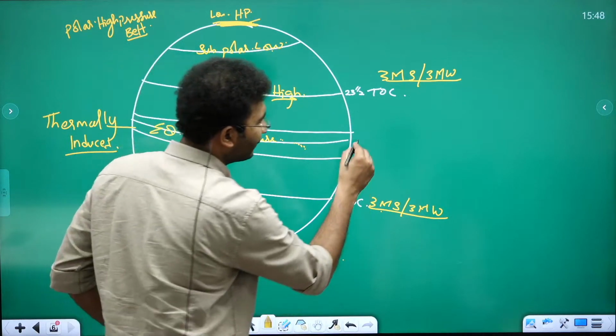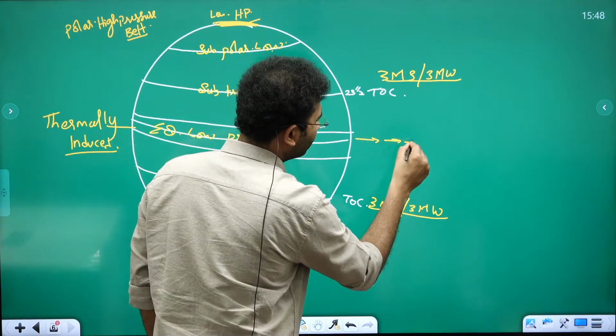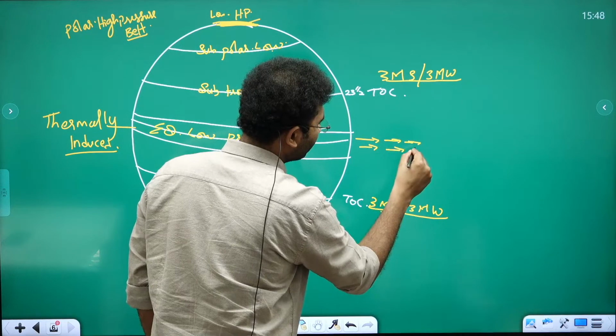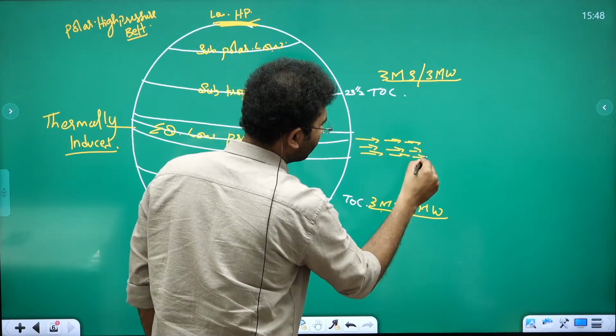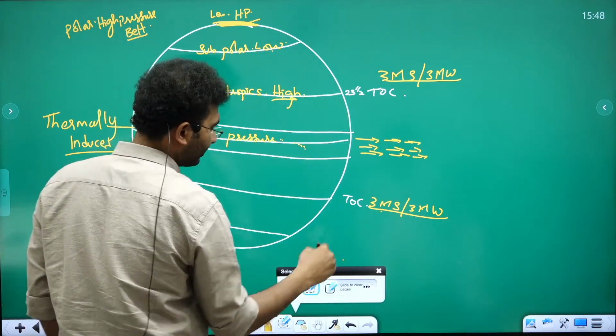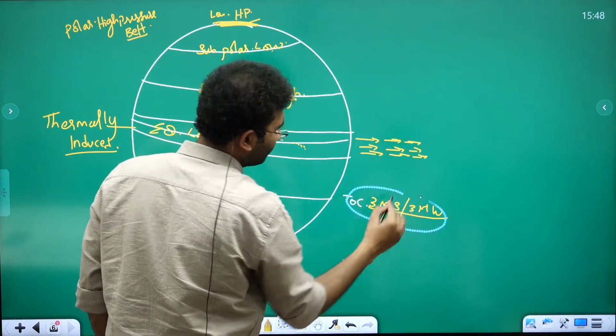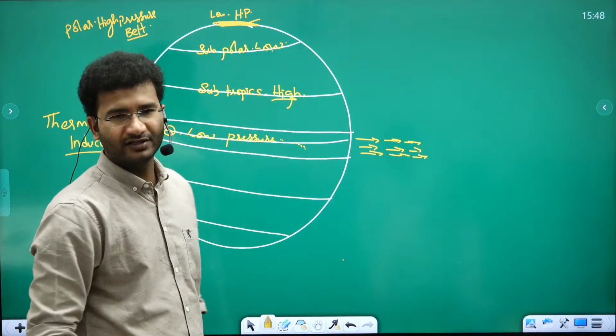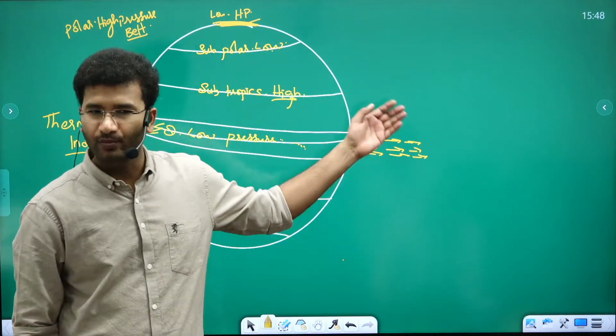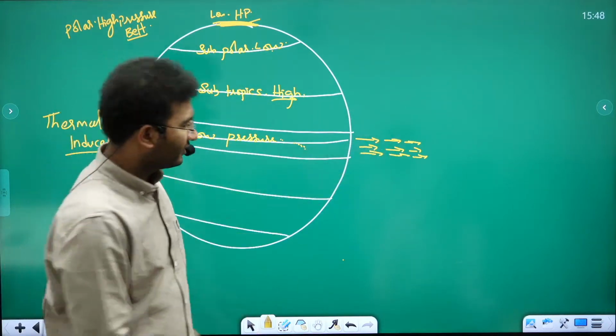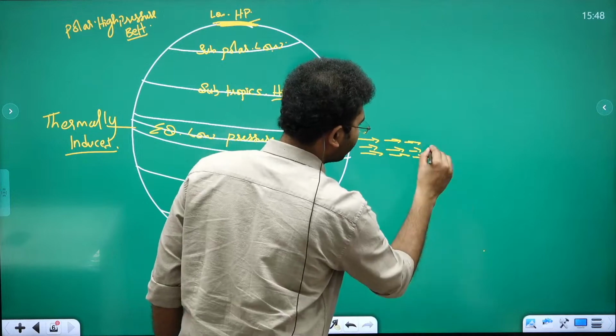Now in this low pressure area, the air will start to rise. Until what height does it rise? It can rise up to a maximum of 18 kilometers, because up to 18 kilometers here there is the tropopause. Because of that extreme heat, the air has risen.